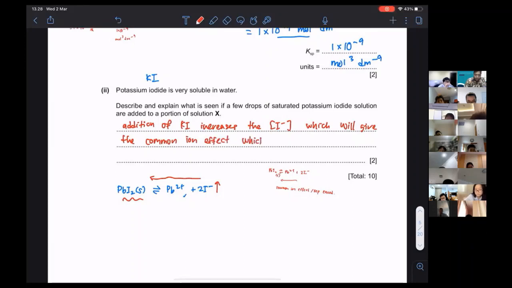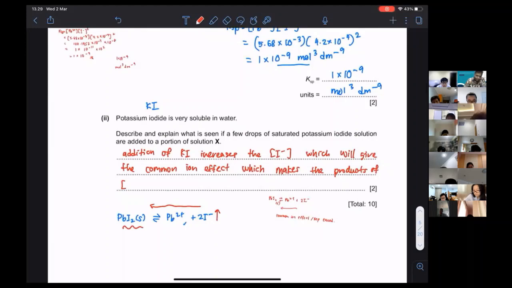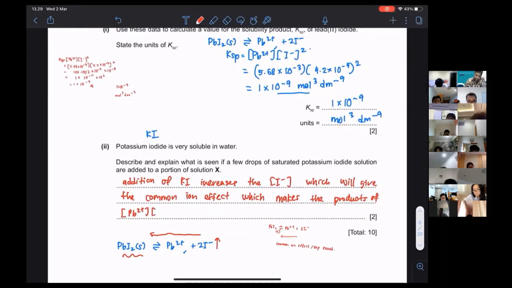Which makes the product of concentration of Pb2+ and then the I- to the power of 2 greater than Ksp.